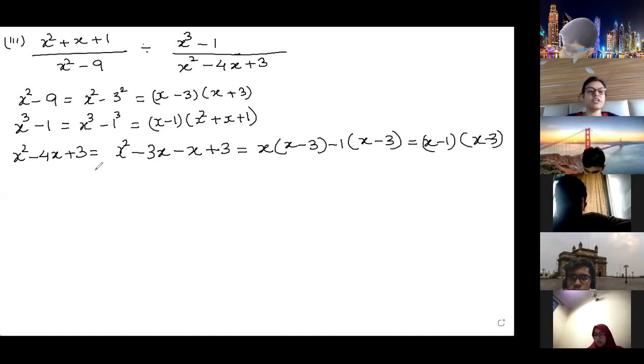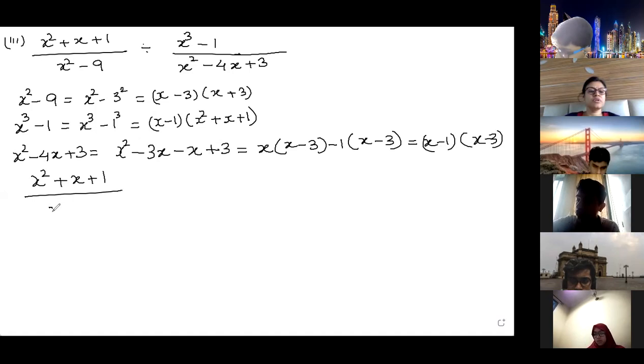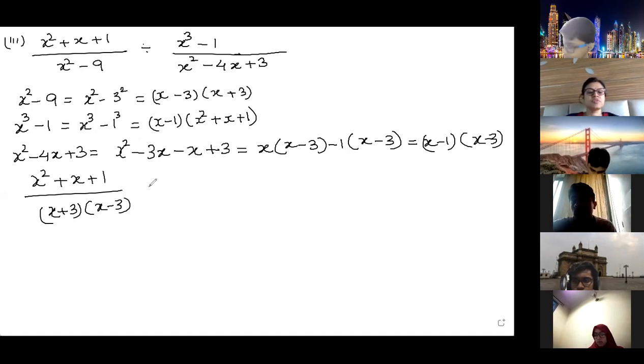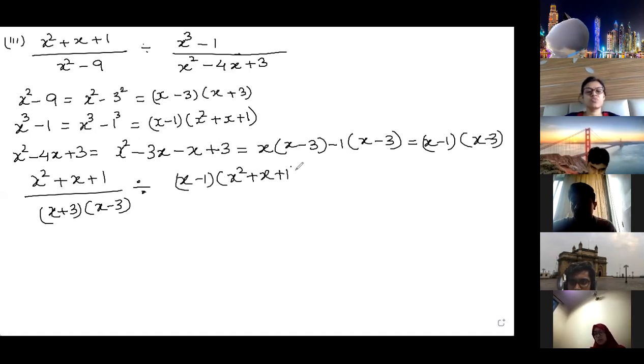Now putting the values, this is the same: x square plus x plus 1 upon x plus 3x minus 3, divided by, I'm writing divided only over here, x minus 1 into x square plus x plus 1 upon x minus 1 into x minus 3.